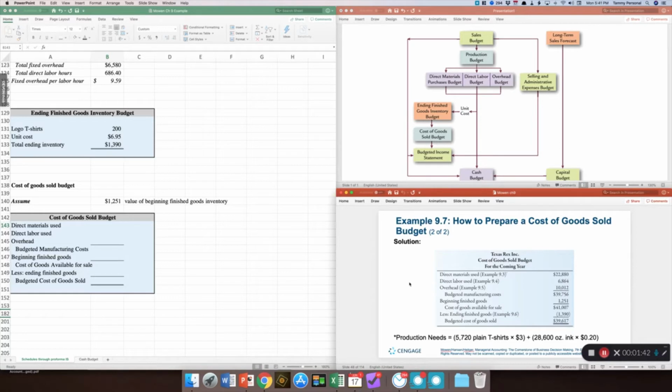So our direct materials, we're going to have to do a little bit of calculation, right? So let's go look up at our direct materials usage needs, and we'll figure out how much those are going to cost.